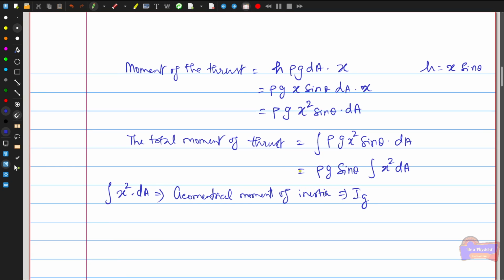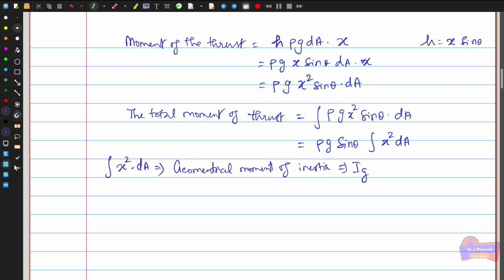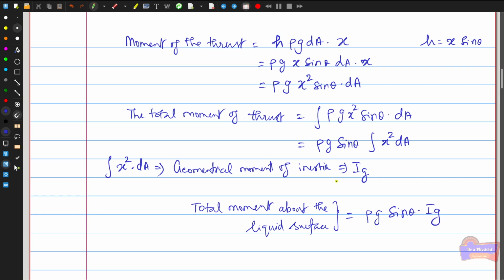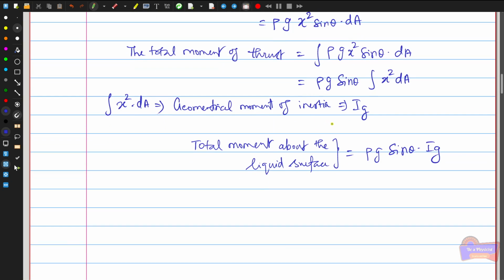Substituting the integration of x squared dA with Ig, the total moment of thrust about the liquid surface is equal to rho g sin theta times Ig. And we already know that this geometrical moment of inertia Ig can be written as A k squared, where k is the radius of gyration.